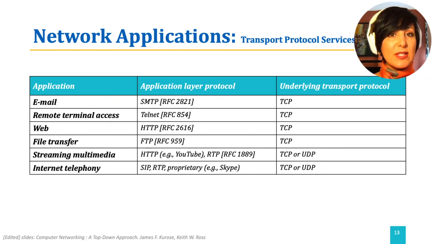However, for streaming multimedia or internet telephony, reliability of data transfer might not be as important as receiving the data as fast as possible. Therefore, either TCP or UDP could be used with proper mechanisms built around them in the application layer.